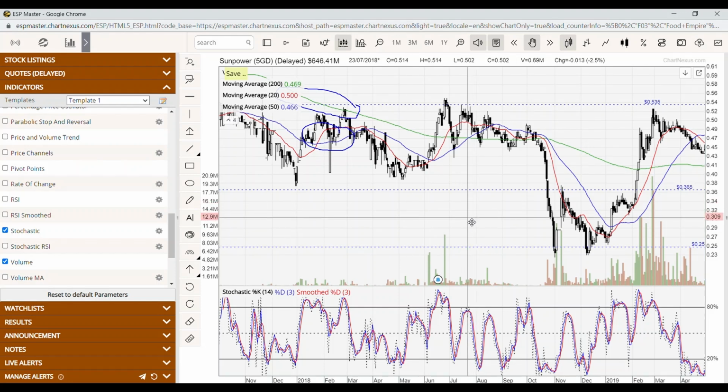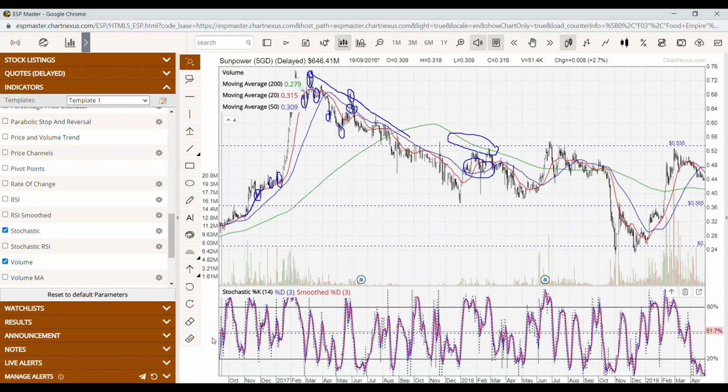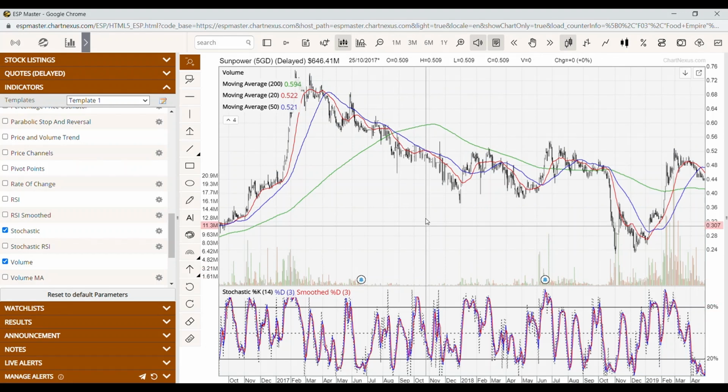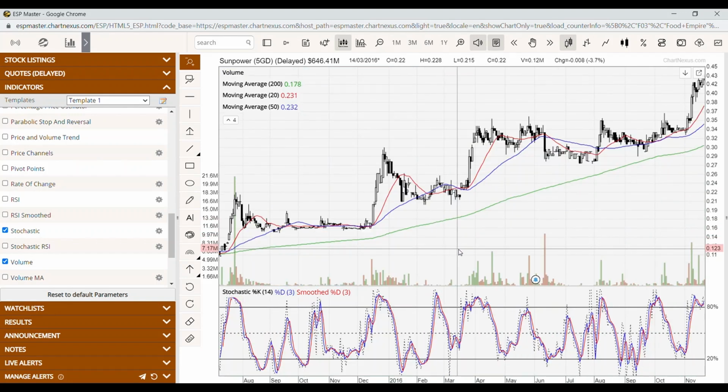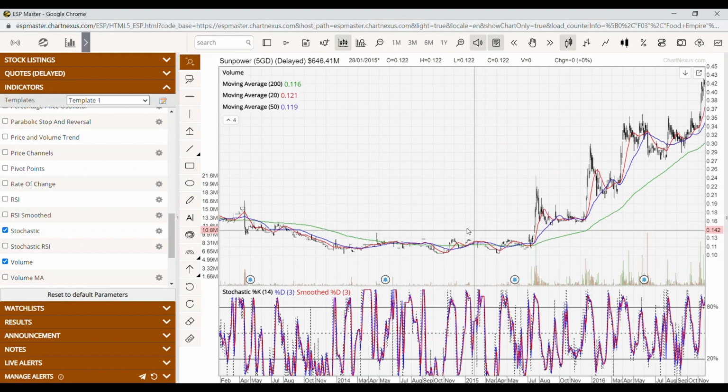We'll zoom in to a certain period of time. Let's clear all of this off. Let's go for uptrend and downtrend. We'll look at uptrend in this case, combining trend, stochastic and moving average, and see how many opportunities we have.